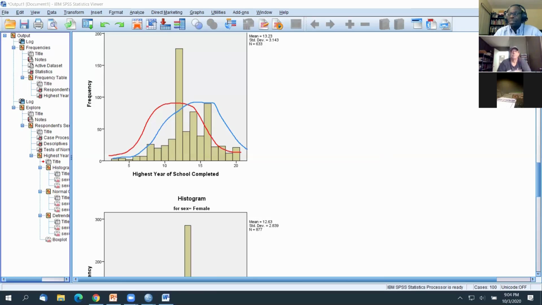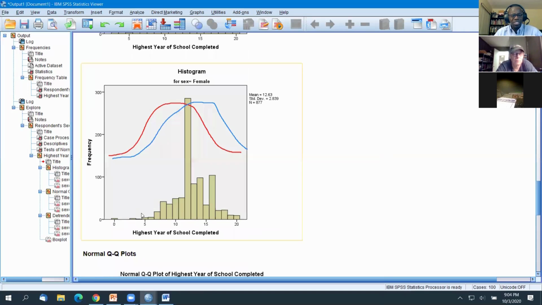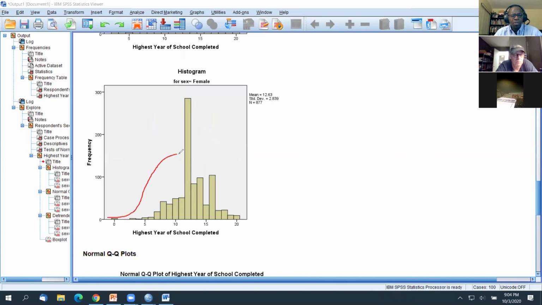All right. And then let's see if we go down here, again, we still have that distribution that's skewed more to the right. So even if we were to have the bell-shaped curve, that's not the best bell-shaped curve.